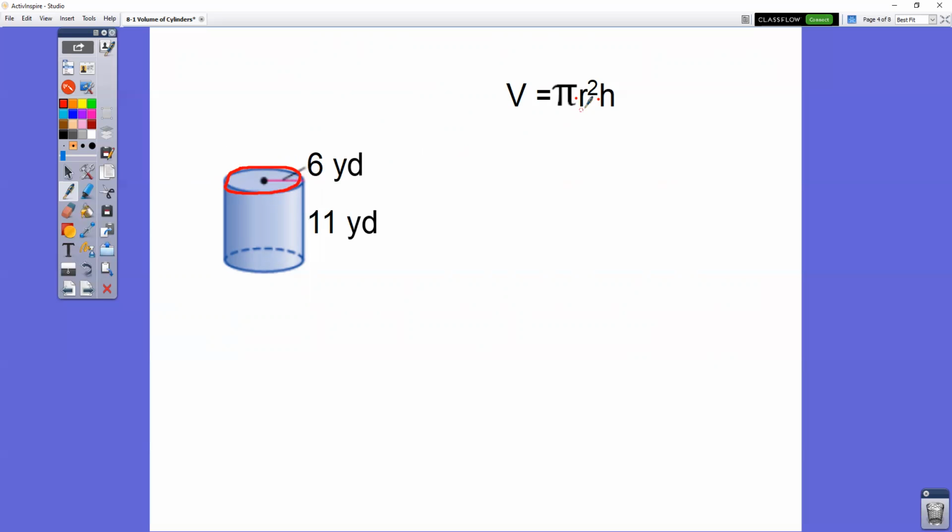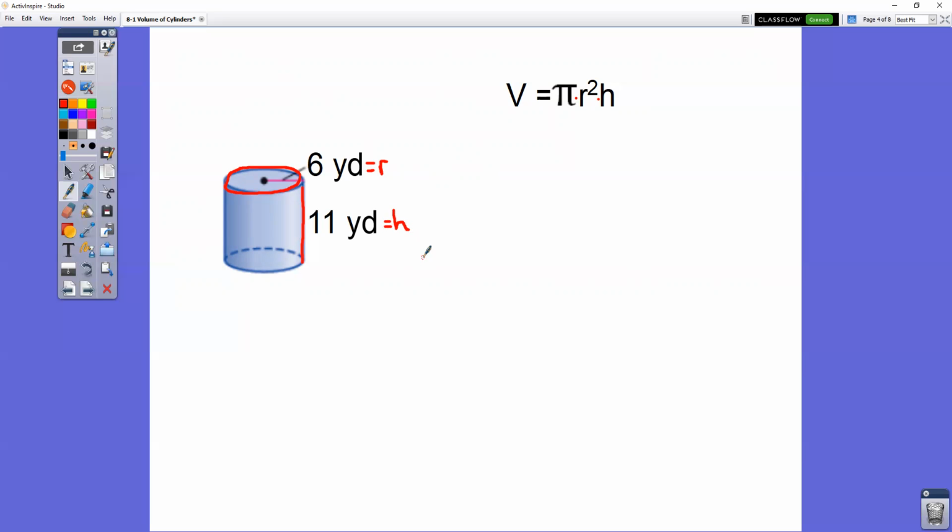So that's where we're going to find our radius. You always find your radius on that circle somewhere. So the 6 goes halfway across. Notice it goes from the center to the edge. So 6 is our radius. That means the 11, this distance right here, this 11 is our height. That's how tall the can or the cylinder is.